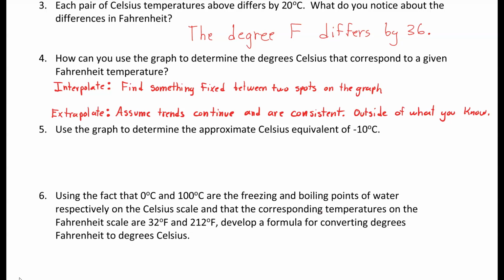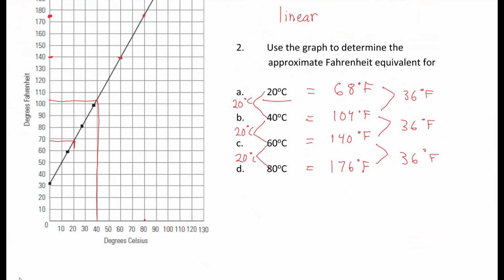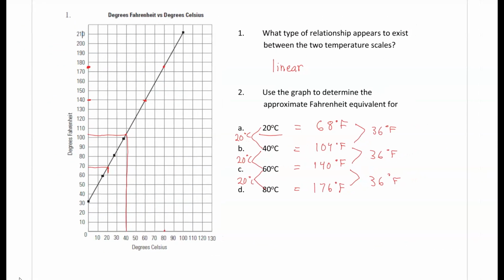Extrapolate is assuming trends continue and are consistent so that they are linear, and it's going to be outside of the data that you know. So if we're looking back here, interpolating would be looking at anything inside this line here, whereas extrapolate would be outside if we're continuing on either way.